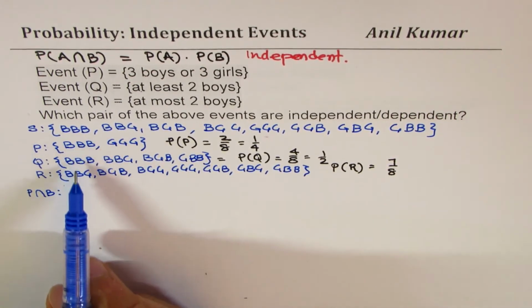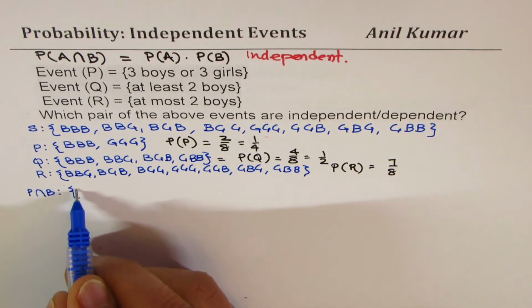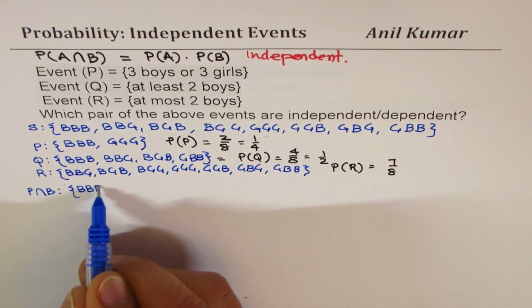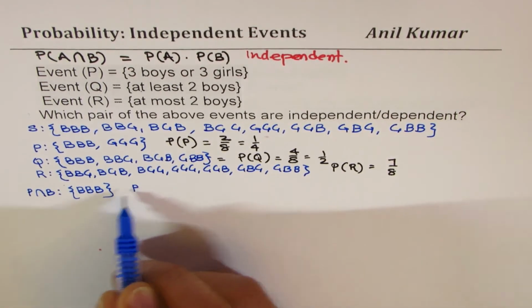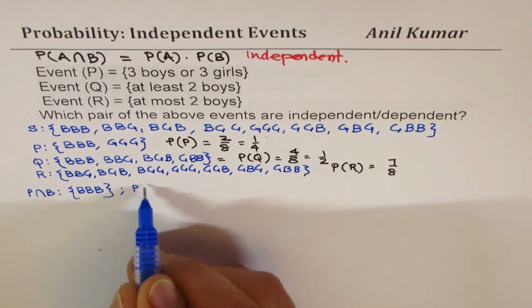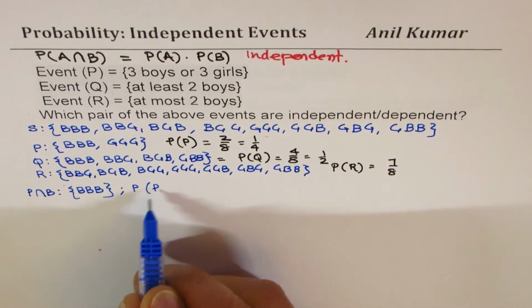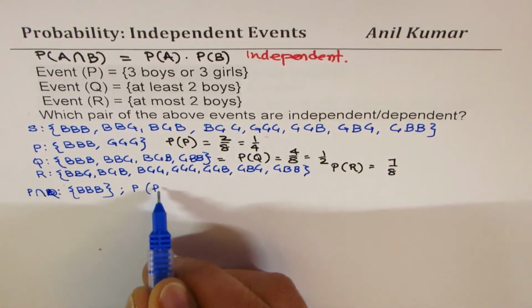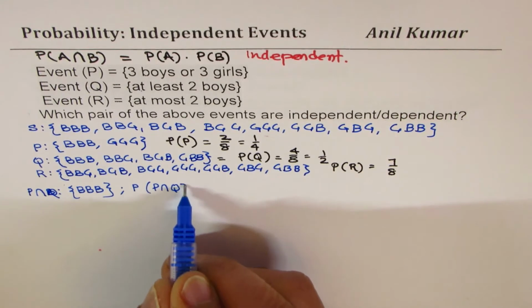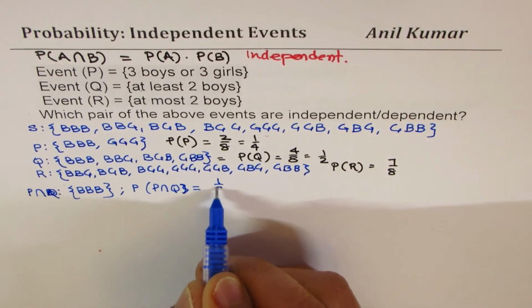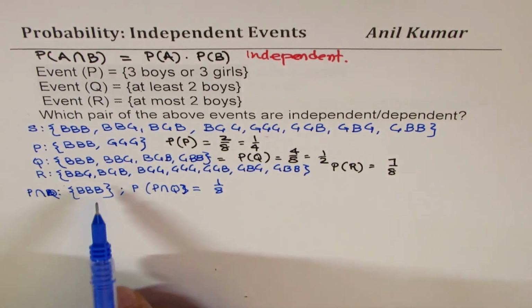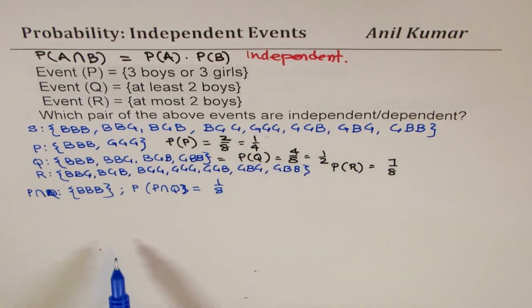So if you see P and Q, the intersection is only one element, all 3 boys, correct? And the probability of this intersection of P and Q is 1 out of 8. 1 out of 8, right? 1 out of the sample space of 8.